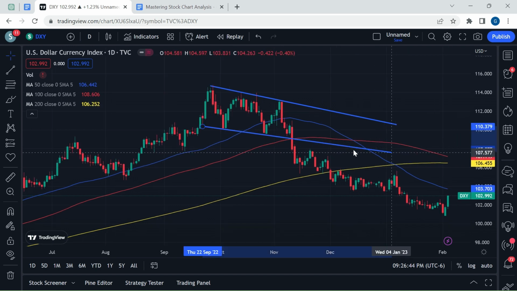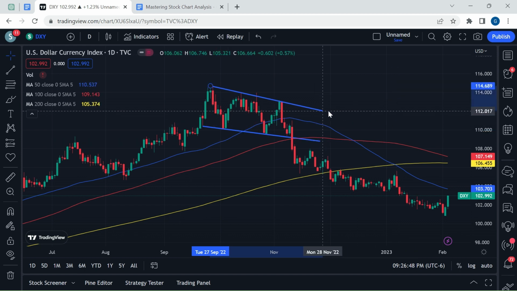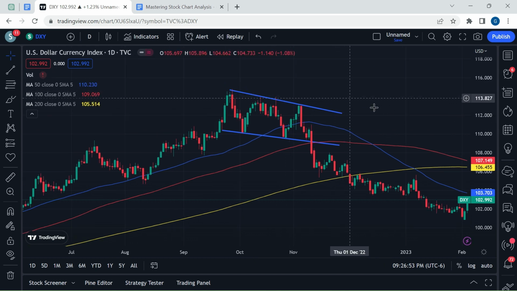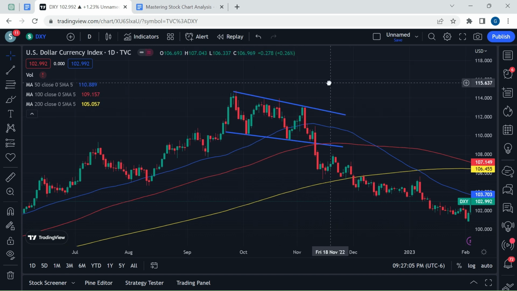Here we can see we don't actually need to make it that long. If we would have drawn this trend line when price touched here, we would know 1, 2, 3. So we would say, okay, that's a pretty valid trend line.